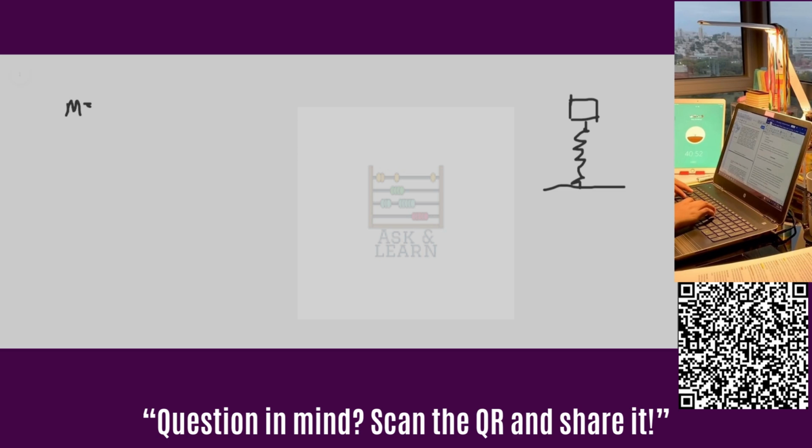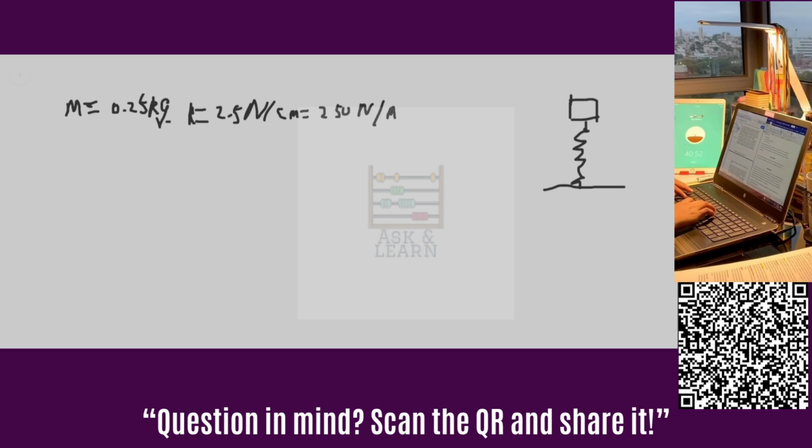The mass of the block is m equal to 0.25 kilograms, and the spring constant k equal to 2.5 Newton per centimeter, or 250 newtons per meter.